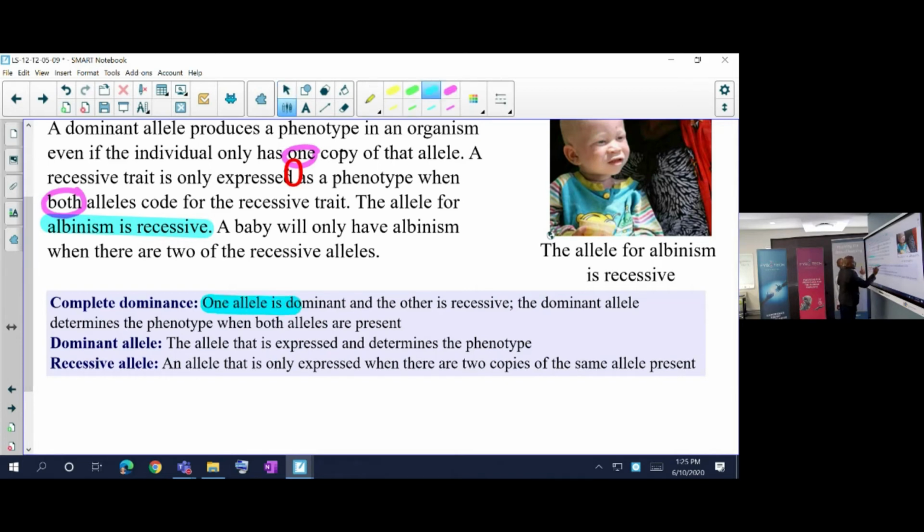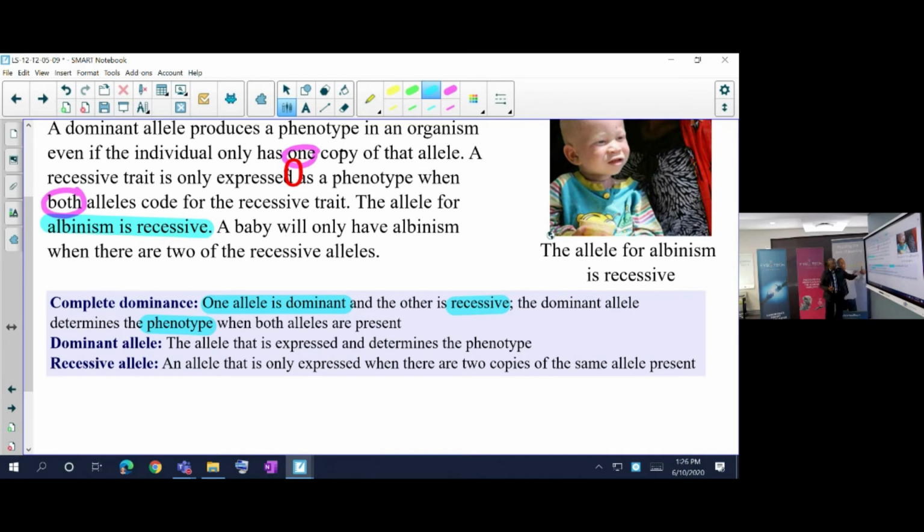One allele is dominant and the other is recessive. Remember from the introduction, we inherit this from one parent. So you might inherit a dominant, you might inherit a recessive. Are we together? They determine the phenotype. The alleles for albinism is determining what we are seeing as our phenotype.